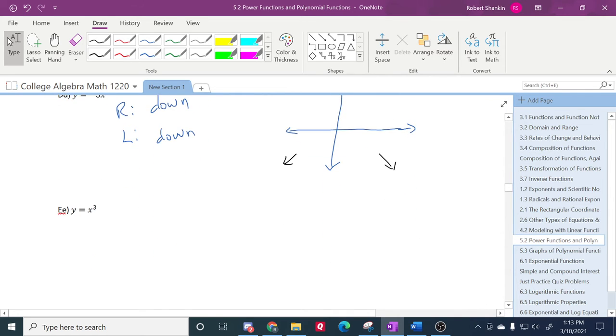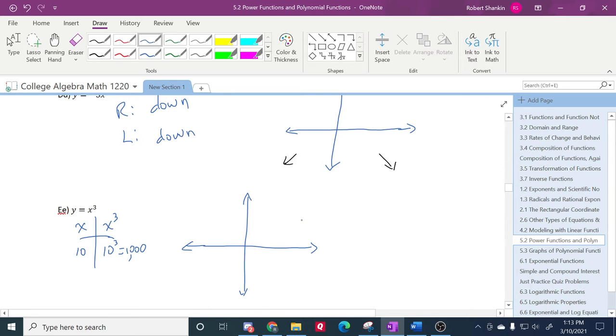And when we get to x cubed, let me do these now. This one. I might show this much. When I put large positive numbers, like 10, I get 10 cubed, which is 1,000.